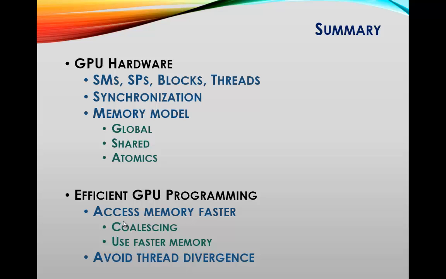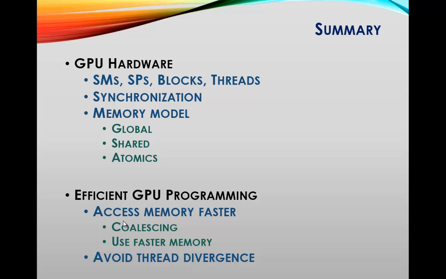We also talked about GPU programming efficiently. Try to access memory faster by using coalesced memory accesses if you need to go to global memory, and to perform faster memory operations inside of your shared memory within a block, where your threads can communicate with each other through the shared memory.